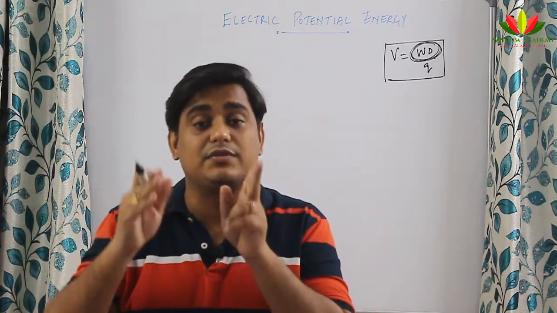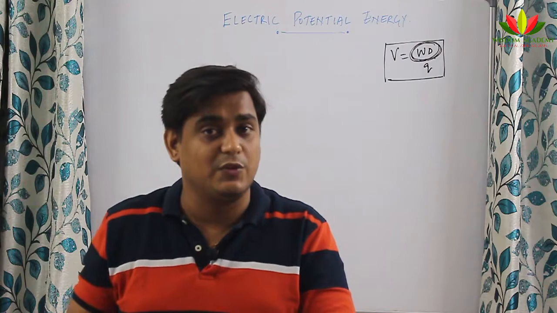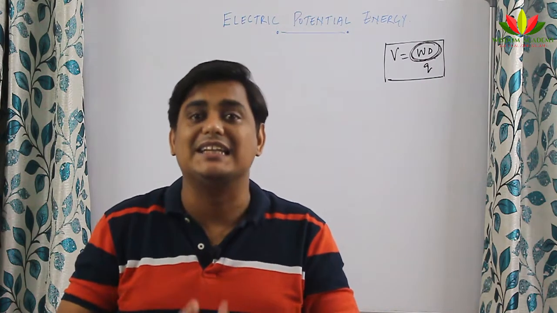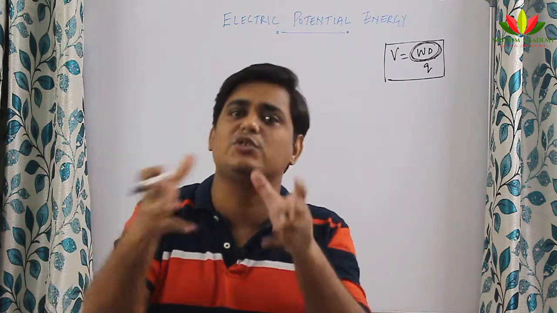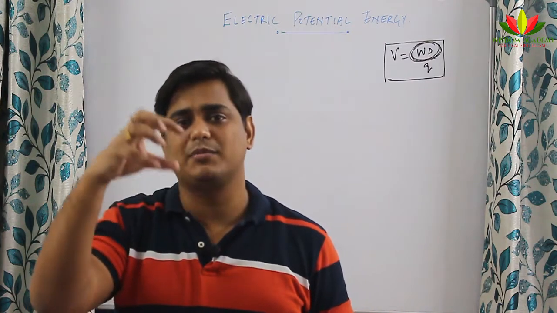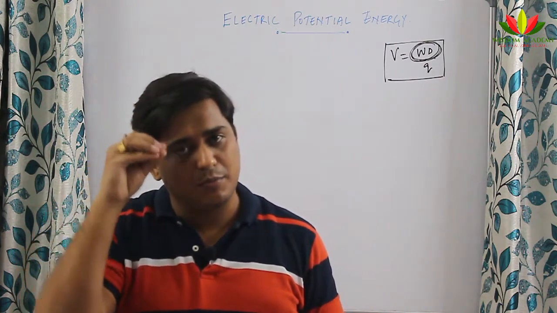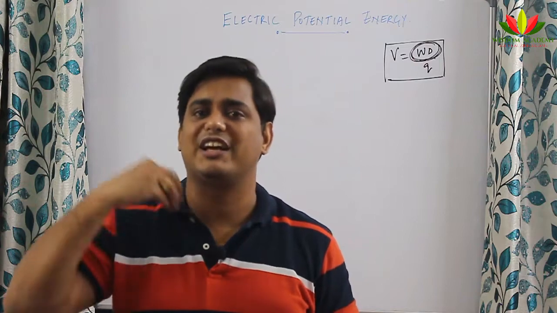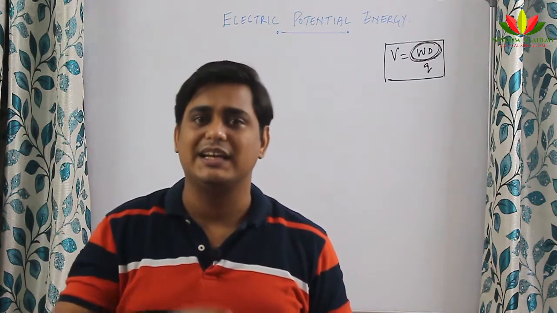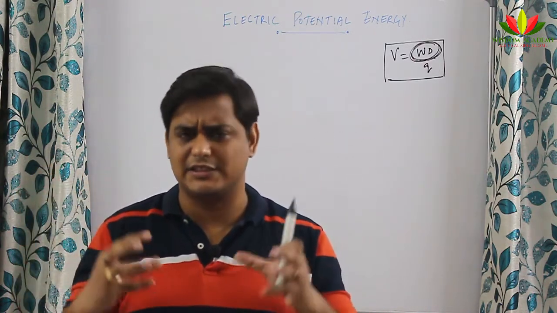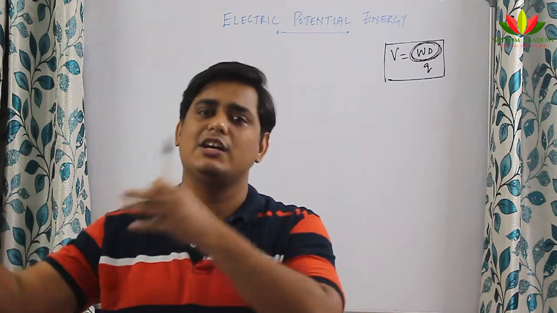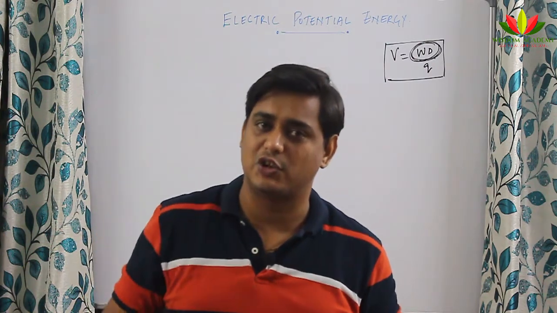Electric potential is work done per unit charge, whereas for potential energy, the work done is what is stored in the body, in the charge, as potential. So electric potential energy is the work done in bringing a system of charges, I will say two charges, from infinity to that point. You can write this definition also.